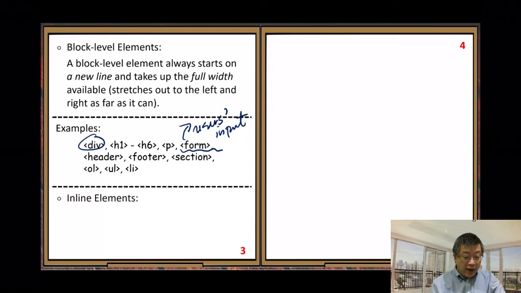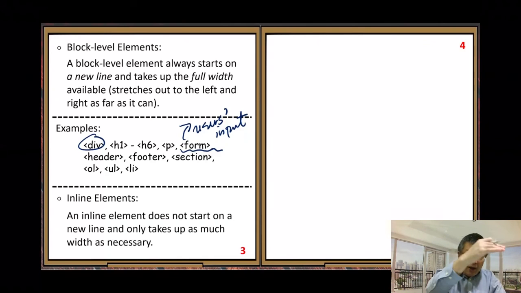Then inline elements. Review the meaning first: an inline element does not start on a new line. It stays in the same line and only takes up as much width as necessary. It does not stretch left or right; it just takes the necessary space in that location.